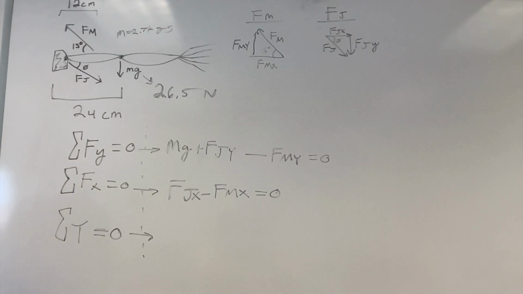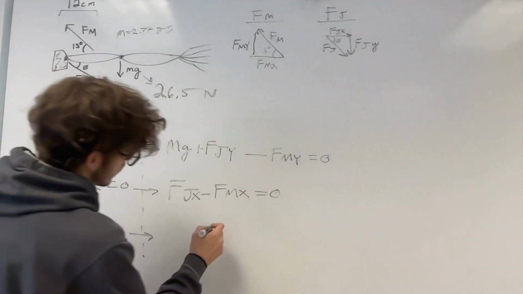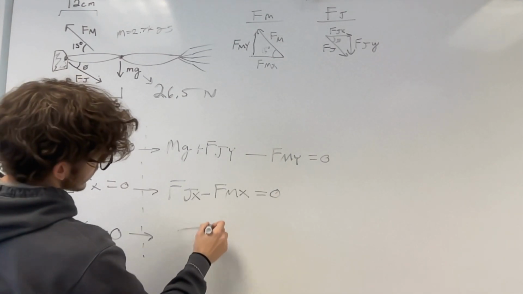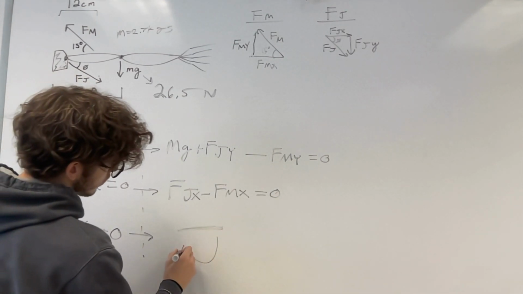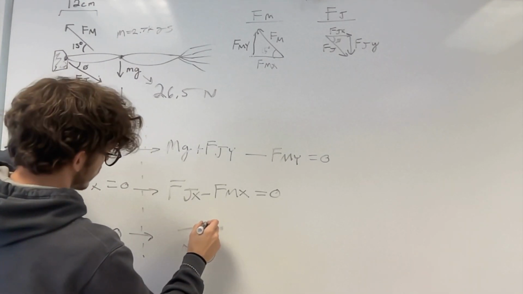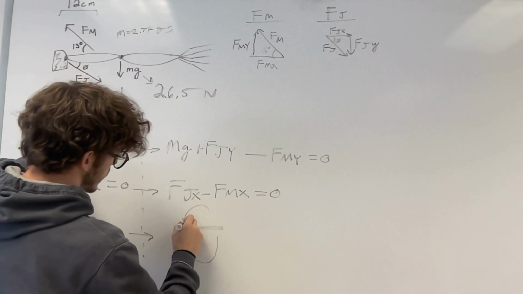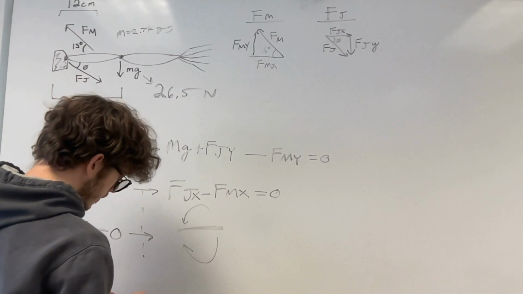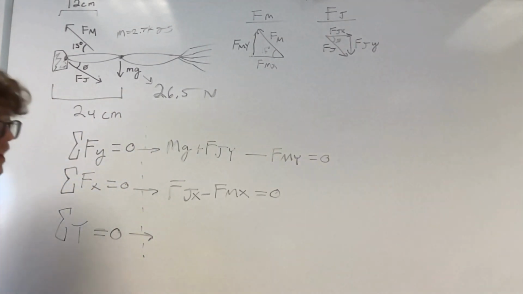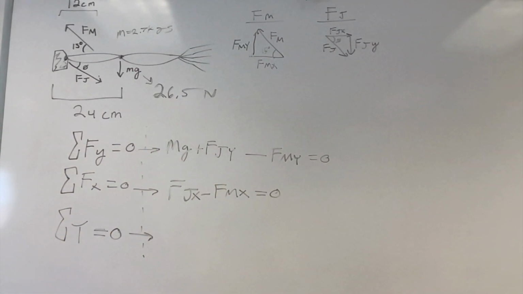Alrighty, so let's make a torque equation here. Let's say that we have our arm here. Mass times gravity is looking to rotate it this way. F_m, however, is looking to rotate it in the opposite way. So they're inverses of each other, so it's going to be a subtraction formula, not an additive torque.